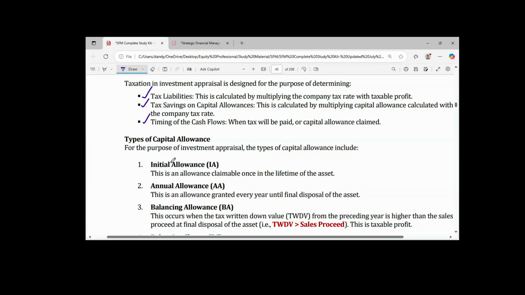The balancing allowance will occur when the tax written down value from the preceding year is higher than the sales proceeds. Okay, if the current worth of the asset is more than what the asset is being disposed of for, then the company will claim balancing allowance on the difference between the tax written down value and the disposal value.